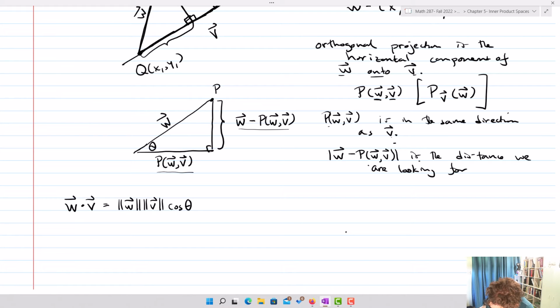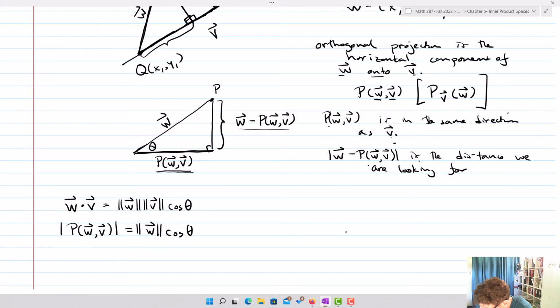And in addition to that, we also know that the magnitude of P of WV is going to equal the magnitude of W times cosine theta.